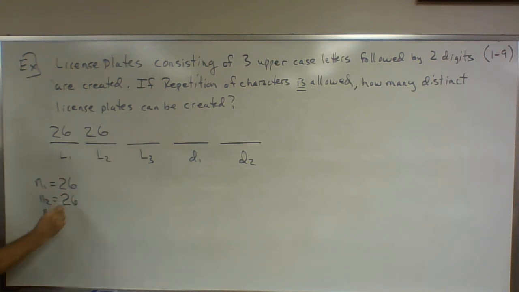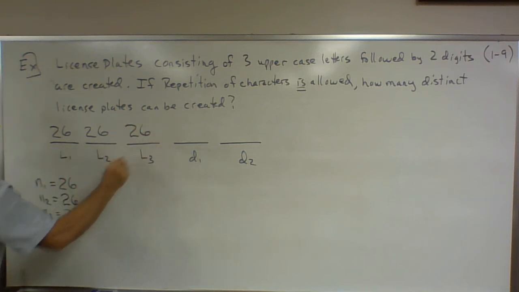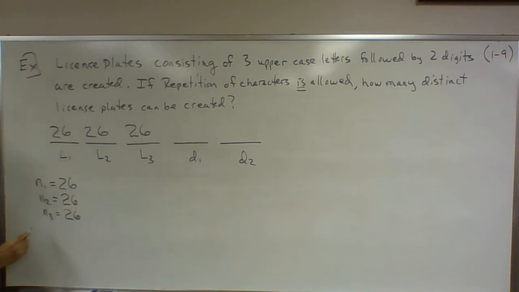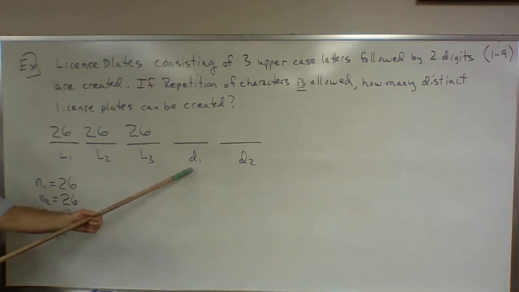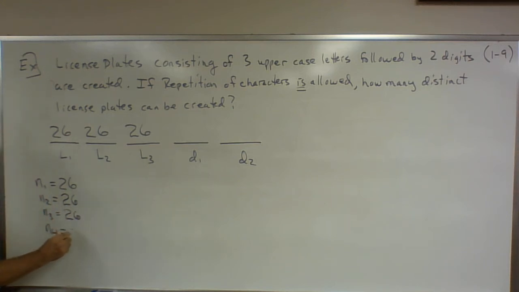N3, the number of outcomes in selecting the third letter, still 26 because repetition is allowed. The fourth stage, we're selecting a digit, 1 through 9. So there's 9 possible outcomes. N sub 5, we're selecting another digit and repetition is allowed. So all 9 digits are still available for the 5th slot.